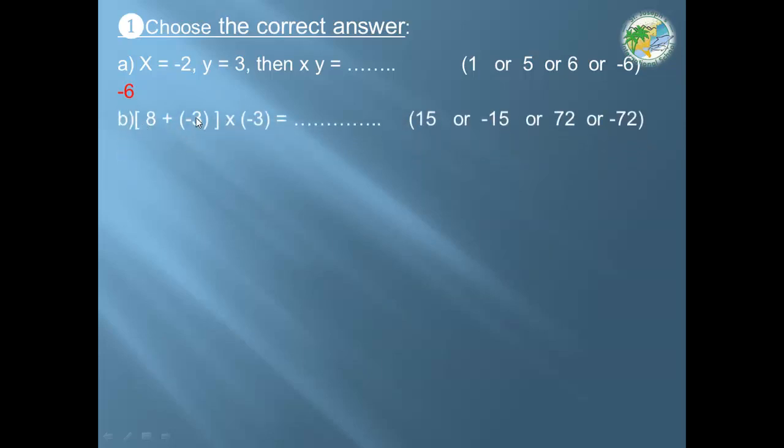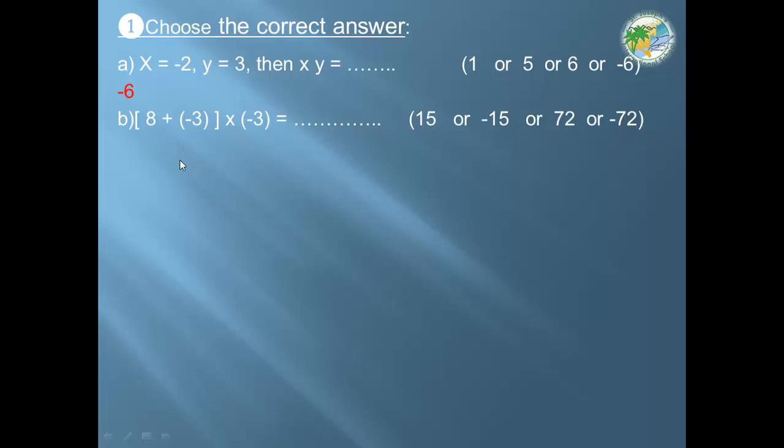8 plus negative 3 times negative 3. طيب just 30 seconds to think about this question. Fine. We answer اللي هما التو نمبر اللي inside البراكت. يبقى 8 plus negative 3 equal what?